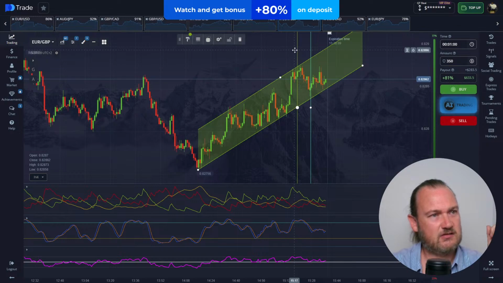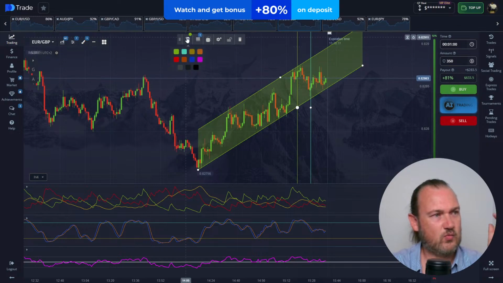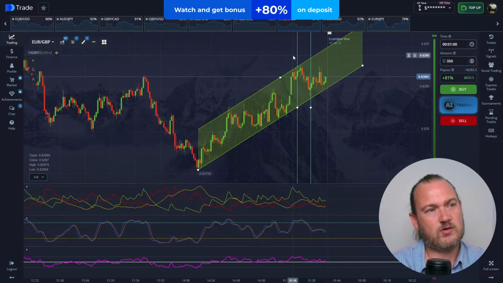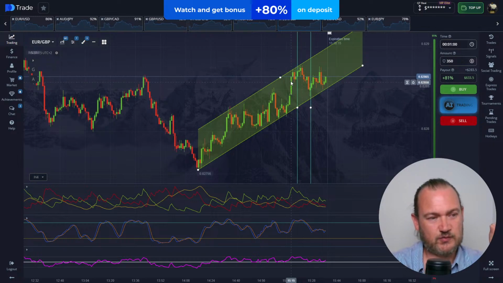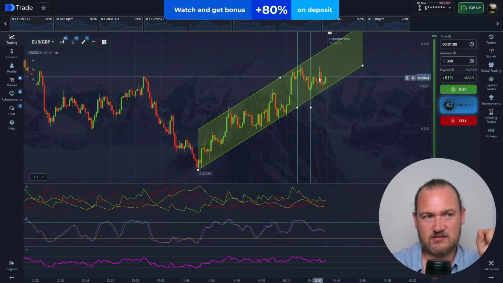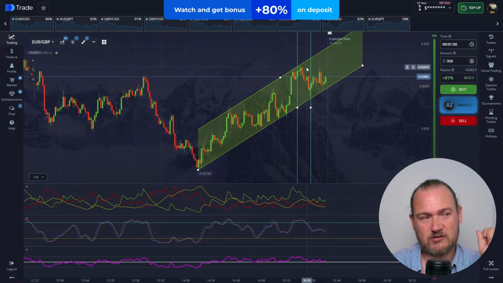So there was nothing really on the 1 minute. On the 1 minute chart, there was no way for me to really determine if I had any entries in these two areas, when it almost touched the bottom here, and when it did touch the top here.